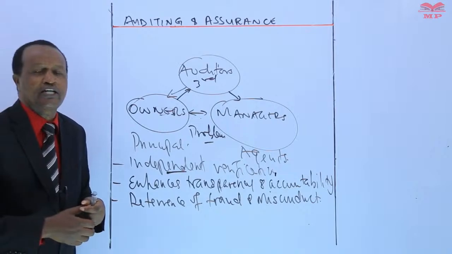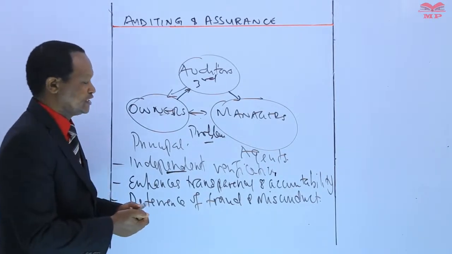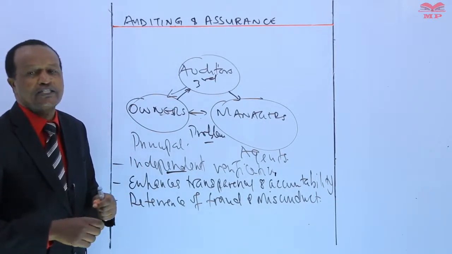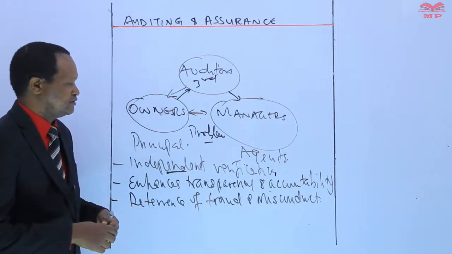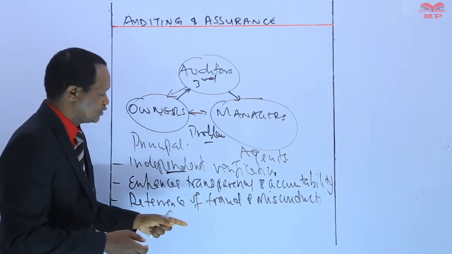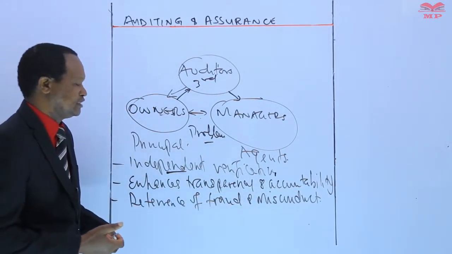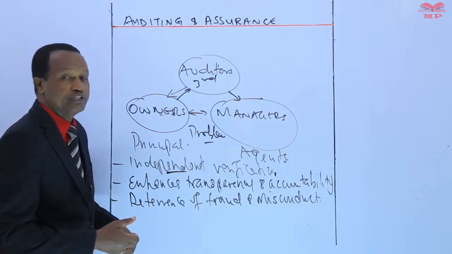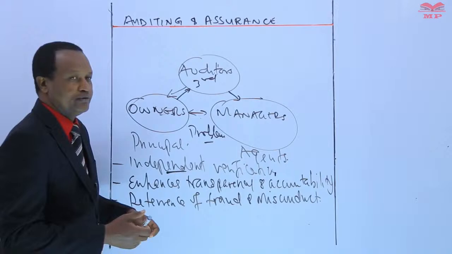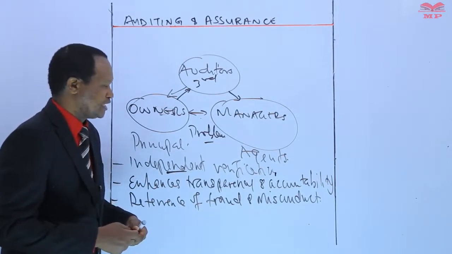And some of you who are in the accounting profession, the day you hear that auditors are visiting and maybe your records are not in order, that can make you fear for what may transpire. Okay, that's what we are talking about, deterrence of fraud and misconduct. And it's human nature, candidates. If you know that someone is watching you, then you may behave so that your misdeeds are not known.